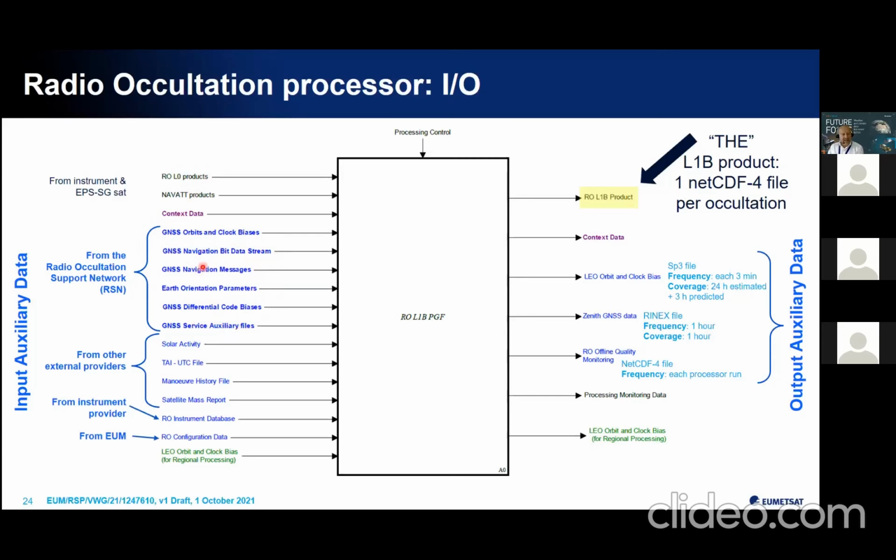All these files are generated and provided by the Ground Radio Occultation Support Network, RSN, that was just put in place, and now the RSN is also used to process the GRASS data as well.